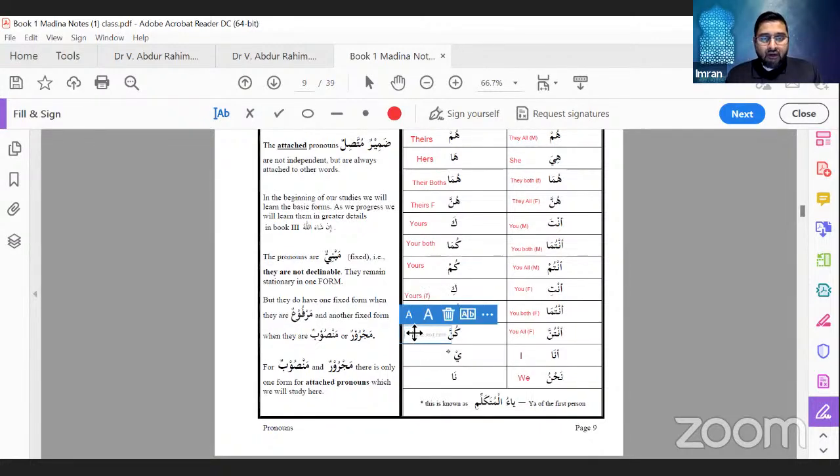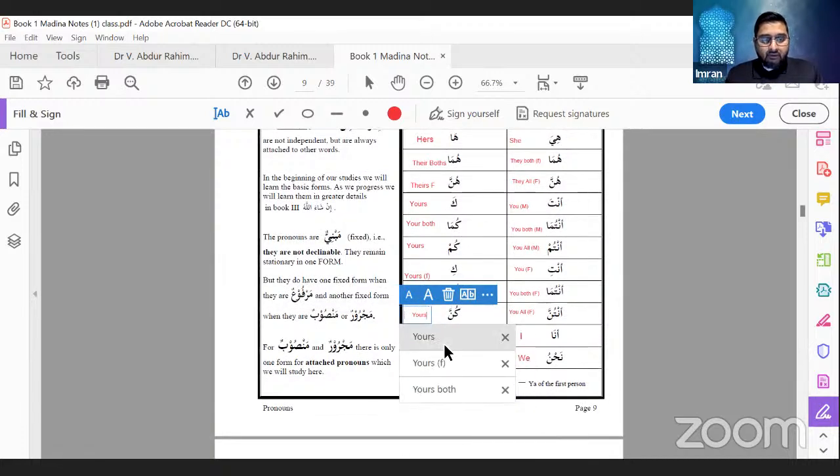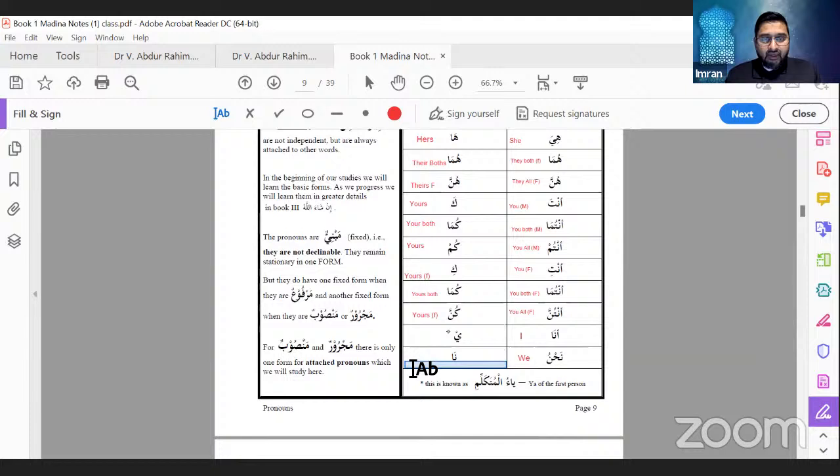And then kunna means yours, female plural. And then ya means mine, and na means ours. Is that clear so far, everyone? I'll give you extra practice now.